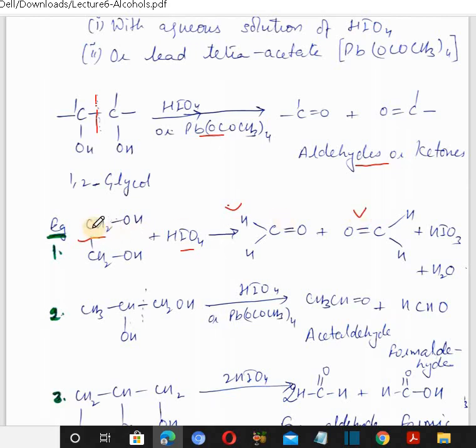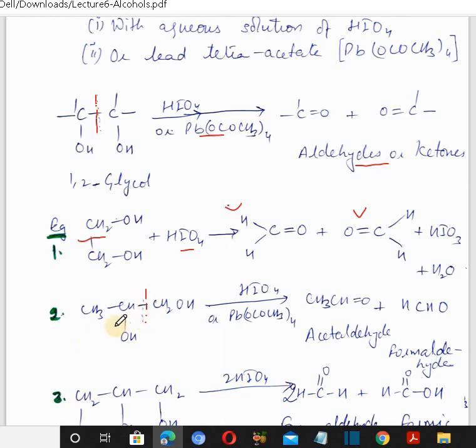So C double bond O is attached and this carbon-carbon bond is cleaved to give these two products and HIO3 plus water.